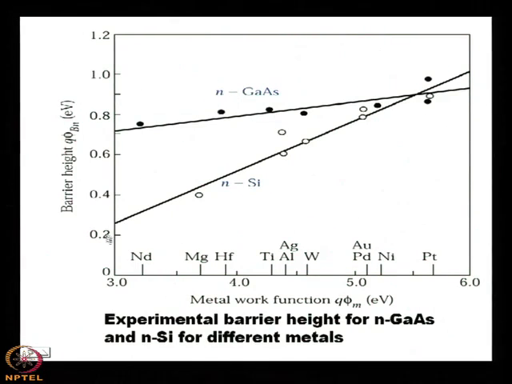Because for N type silicon, it is say 0.25 to almost 0.9 or 0.95, but for gallium arsenide the variation is not very sharp or steep. Why does this happen? It happens because of the surface states.